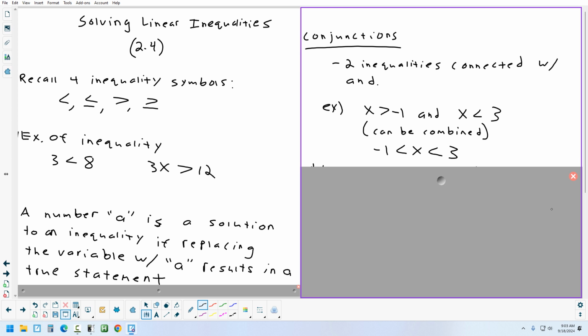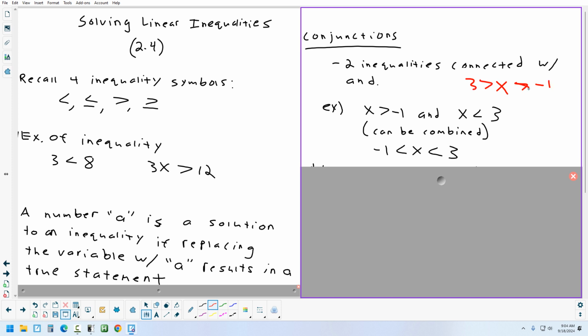What if I wanted to combine it with the x in the middle, but I want the inequality signs flipped the other way? Can anyone tell me how it would be set up if these inequalities were pointing the other way? 3 is greater than x, and greater than -1.